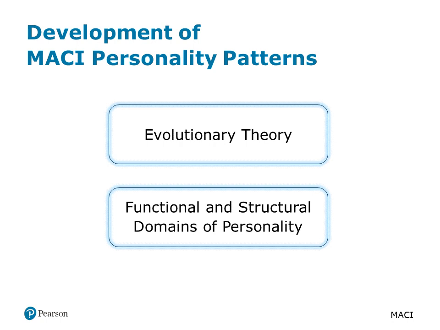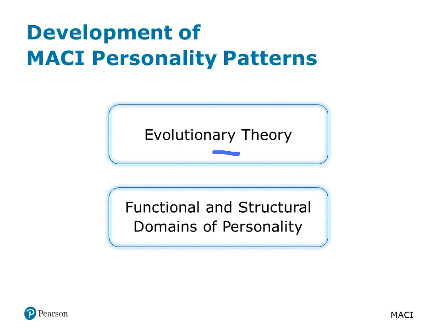Because of that, I want to spend just a few minutes thinking about how Dr. Millon developed the personality patterns on the MACI. So these personality patterns were developed based on Dr. Millon's evolutionary theory.